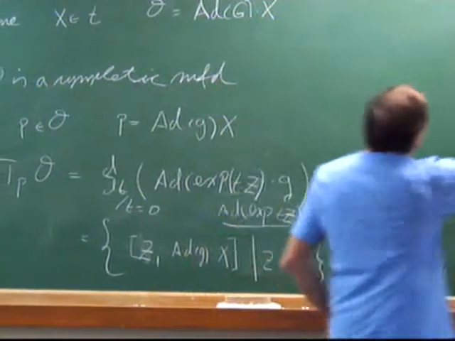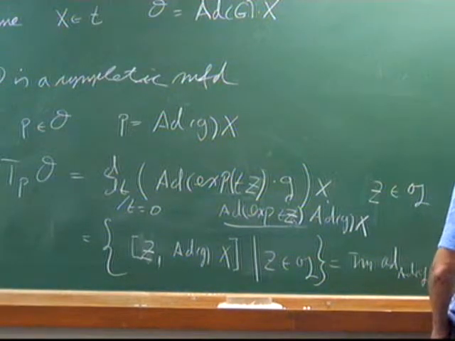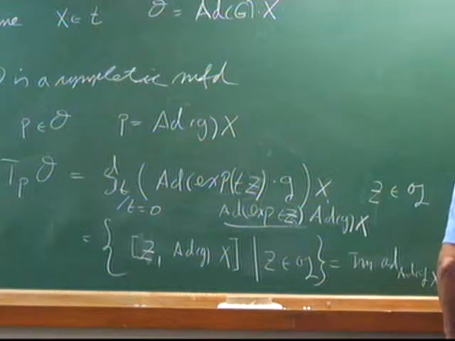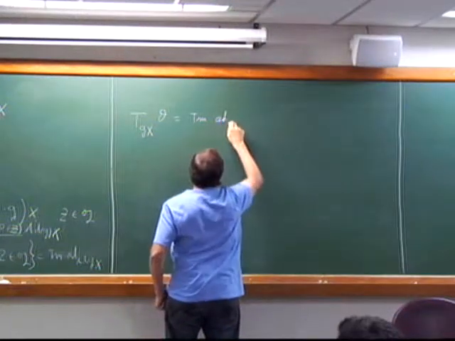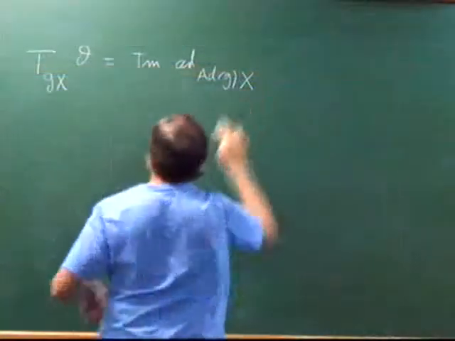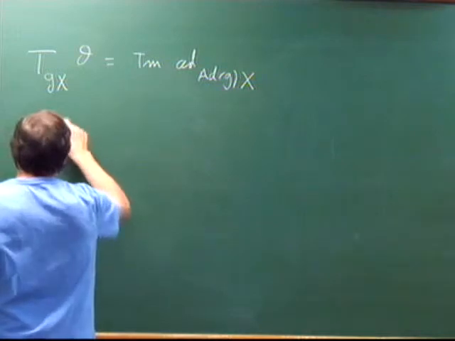Right. So the tangent space at the point Ad_g X of O is the image of ad of Ad_g X. Right. On this vector space, I want now to define a symplectic form.